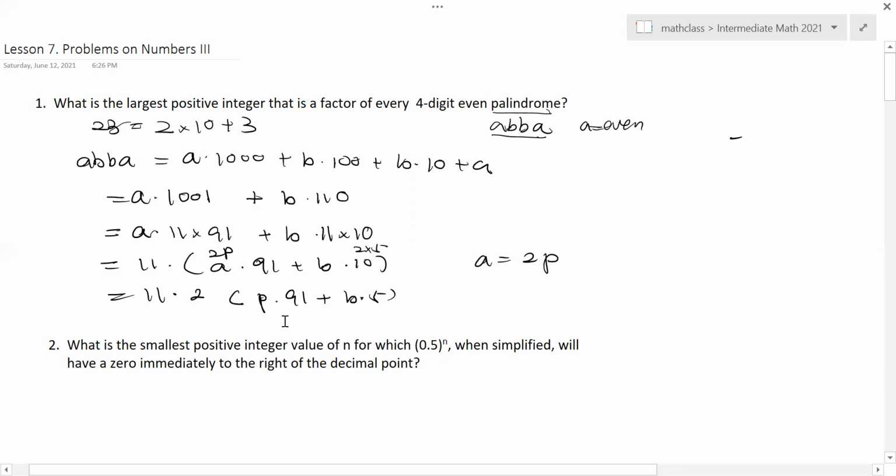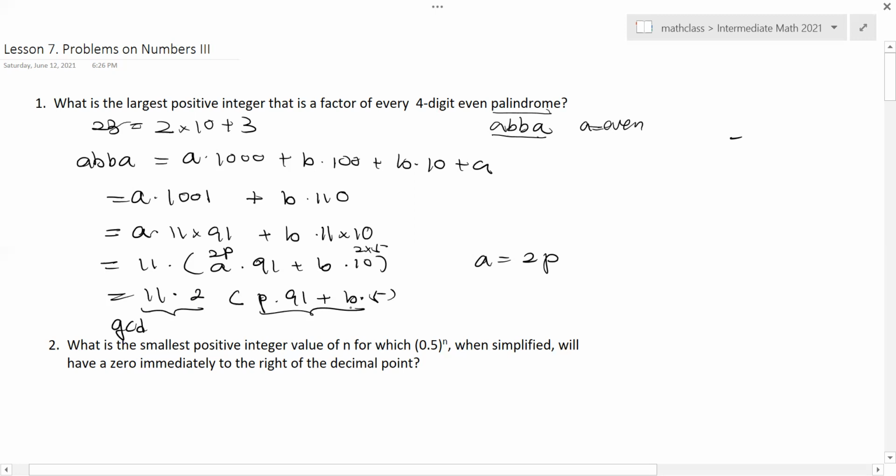Okay. So all such integers can be written in this form. They all contain a factor of 22. So now it's clear that the answer is 22. 22 is the greatest common divisor. It's called the GCD, the greatest common divisor of all such integers.